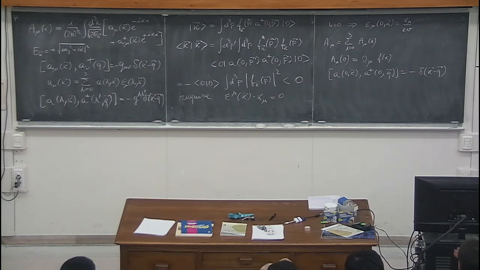Yes. So we can multiply the state by some imaginary factor to make it positive. No, if you multiply by an imaginary factor, and you take the norm, you get the complex conjugate, and you get the same sign. That doesn't change the sign.